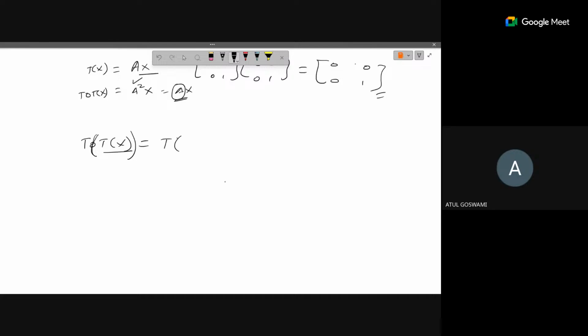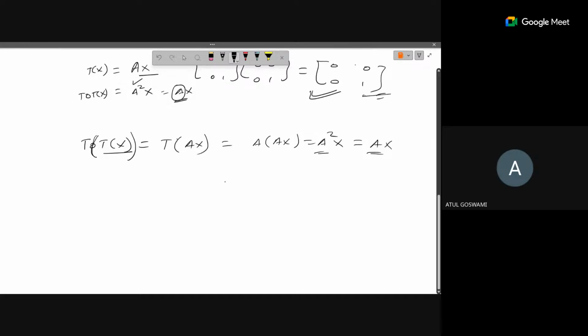T of X is AX, right? Yes. And then this is A times AX, which is A square X. And what is A square? This is AX. So the matrix is the same, because A square is A. This is just what we checked.